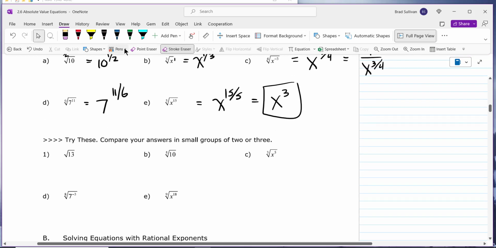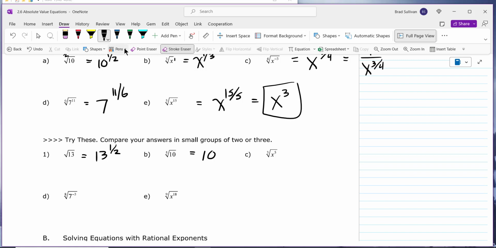So let's just do these together and then we'll be all done tonight. What would be the answer on the square root of 13? 13 to the 1/2. How about the next one? 10 to the 1/5. How about the next one? x to the 5/3. Good. How about the next one?